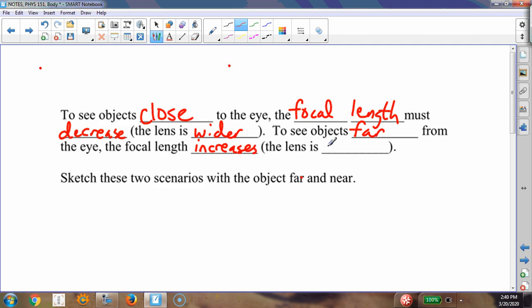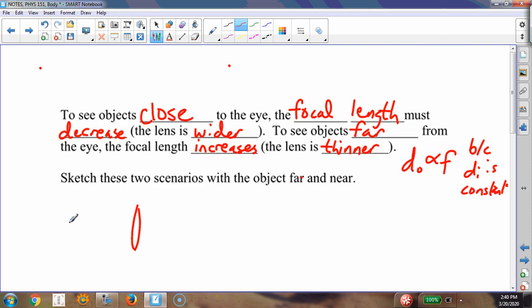The lens is thinner. As I said, DO is proportional to F because DI is constant. Our image distance for the human eye doesn't change. I can sketch these before, but let's say this is my lens. Oh no, I don't need to sketch them again, so you can just go back.